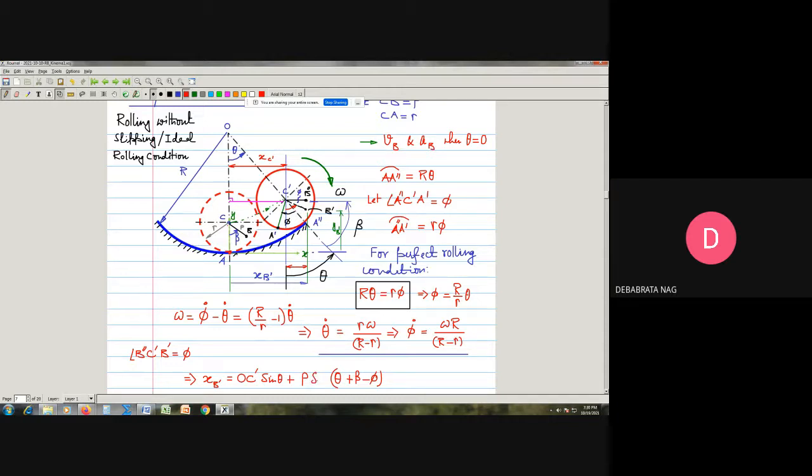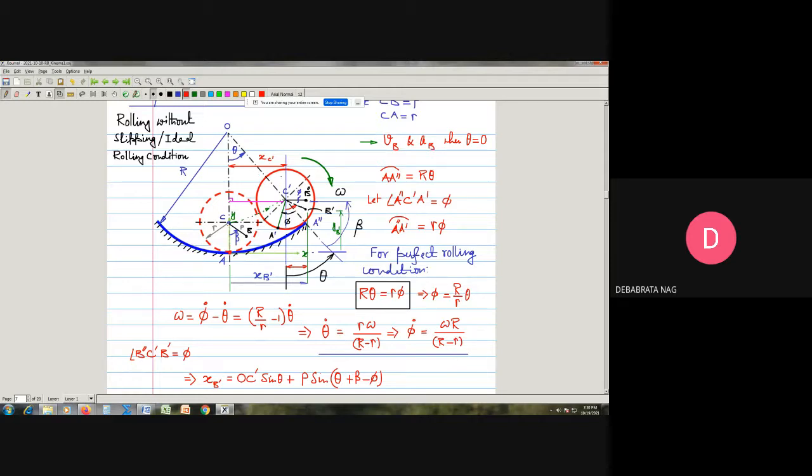That means it is going to be equal to rho sine theta plus beta minus phi. So you see, you can very easily calculate what will be the coordinates of this point B dash with respect to this line. Now you need to see how much is OC dash.